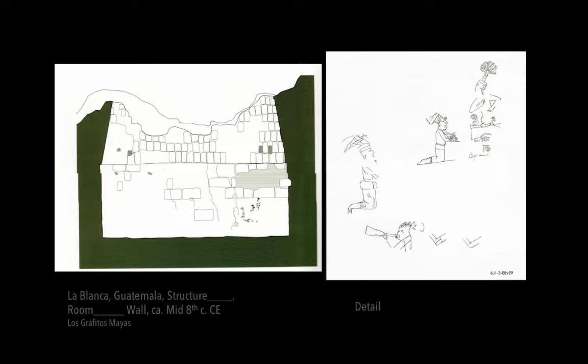And so you have a cutaway view of a room at La Blanca that is stuccoed, and it has to scale where this graffiti is located. In general, the locations of graffiti on the wall in these rooms is life-size. For an average Maya and for a human being in the 21st century, we can read these images.